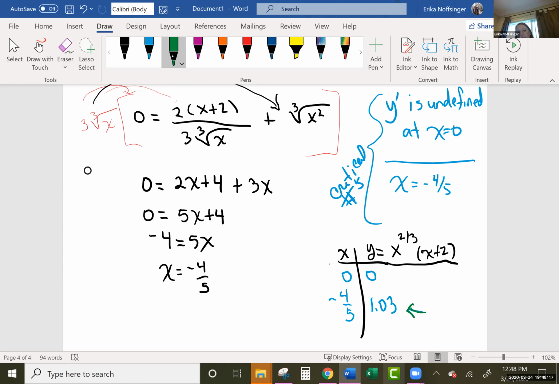Or if you took the cubed root of -4/5 and then squared it, that's positive. Yeah, I put the whole original equation into my calculator, and for the x I put -4/5, and I got a positive. So this is the max, and this one was the min.